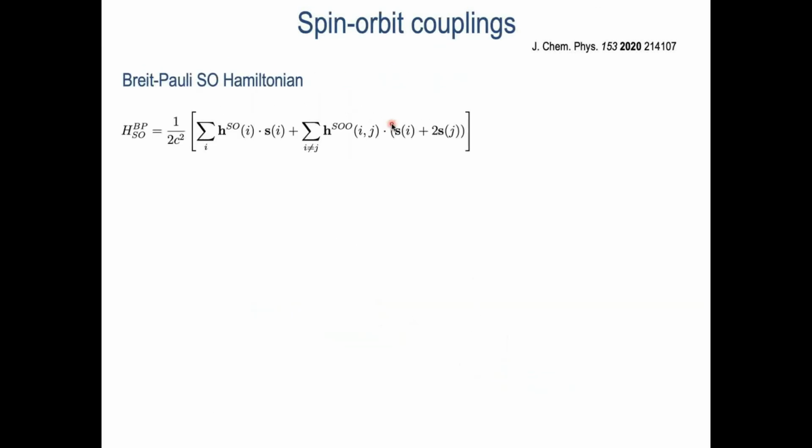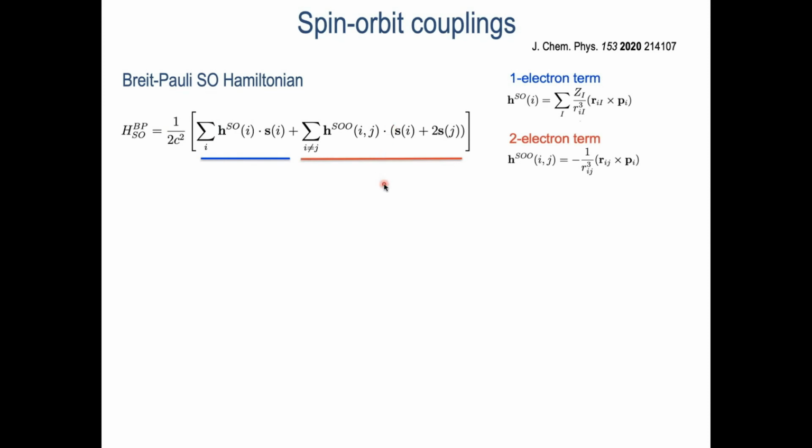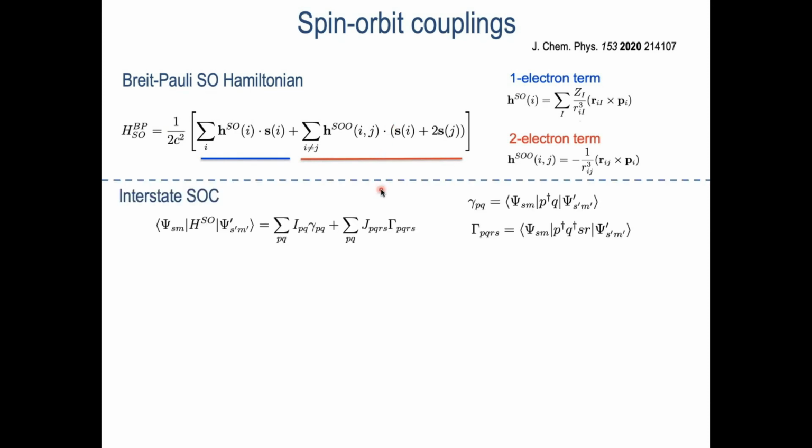So like in other methods that are implemented in Q-Chem, like TDDFT or equation-of-motion coupled cluster, we can compute spin-orbit couplings with RASCI in Q-Chem using the Breit-Pauli spin-orbit Hamiltonian, in which we have one-electron terms and two-electron terms, and typically this would require the computation of the one-particle transition density matrix between the two states that we want to compute the coupling for, and also the two-electron transition density matrix.